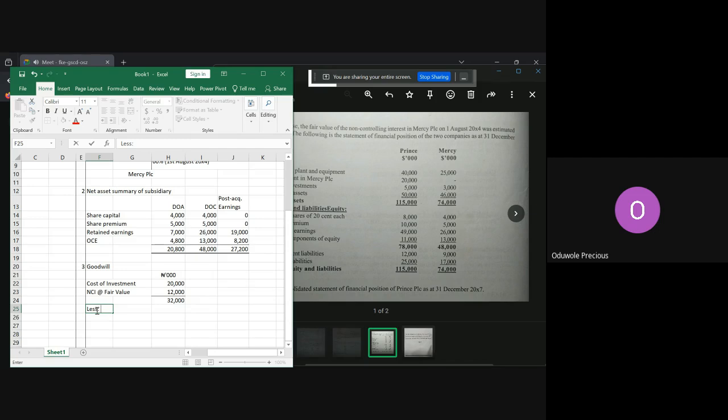less subsidiary net assets at date of acquisition. Subsidiary NA is net assets, because I just want to shorten it, at DOA. DOA is date of acquisition. Hope I'm not shortening too much.